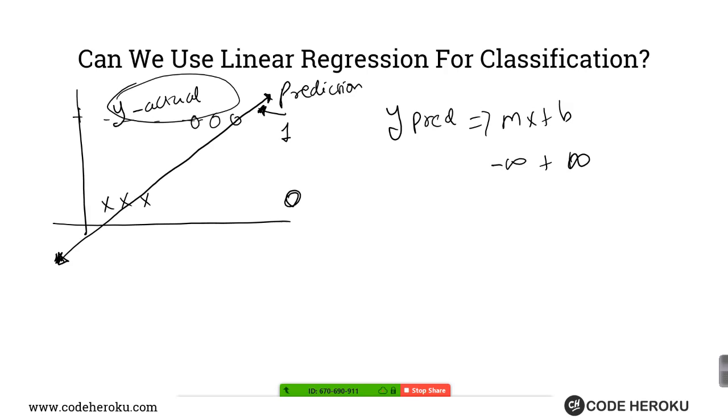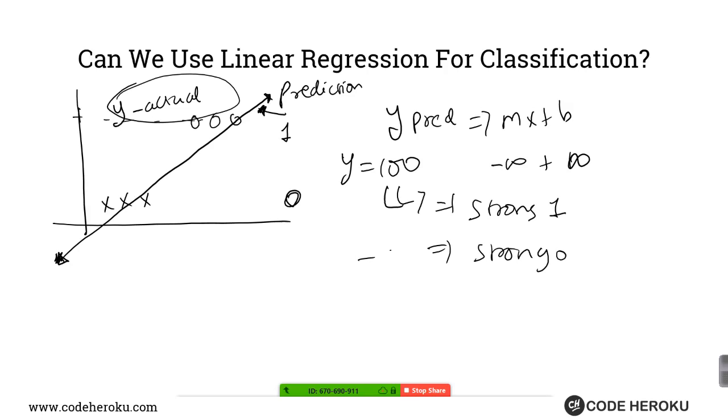If I get Y prediction as 100, is that equal to a strong 1, that I'm sure this person is going to pass? Or does it equal a strong 0 if it is negative infinity? I don't think so. You can't say for sure that just because you get a large number, the probability of it being 1 is large.